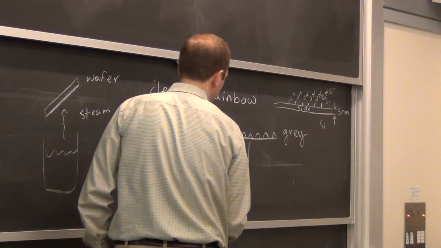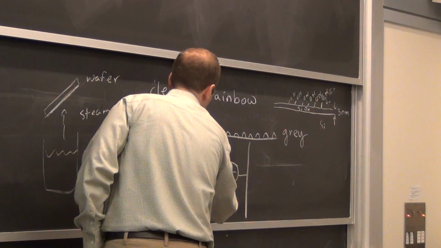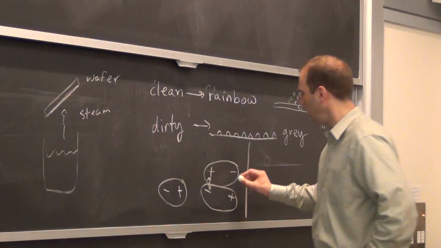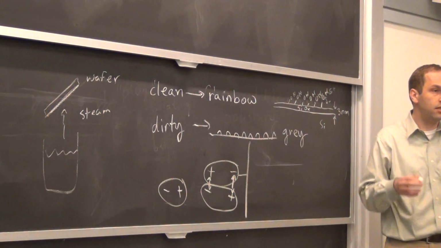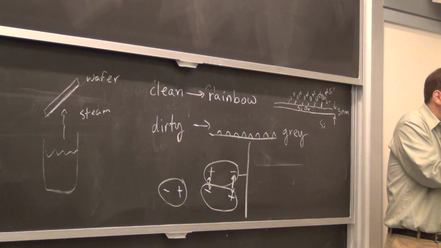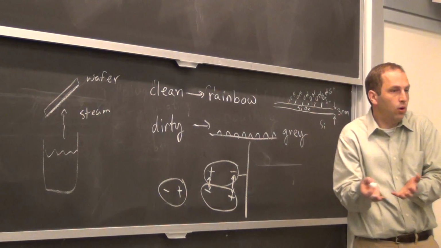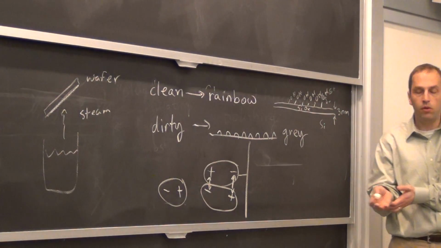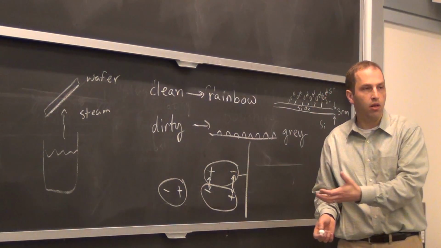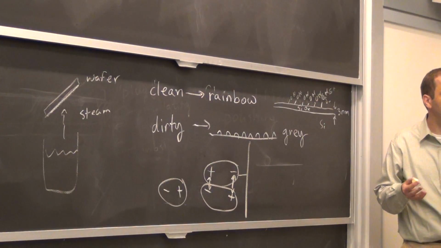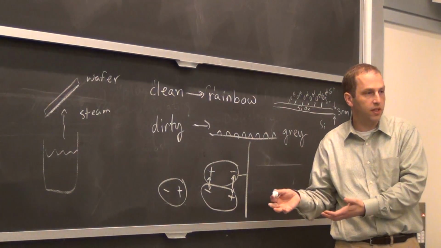Then ends up there, what you see is very strong Coulombic attraction between the two parts. And that's why polar surfaces tend to attract polar solutions to them. And that greatly reduces the free energy of the surface.